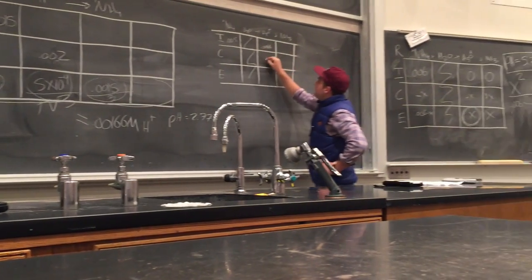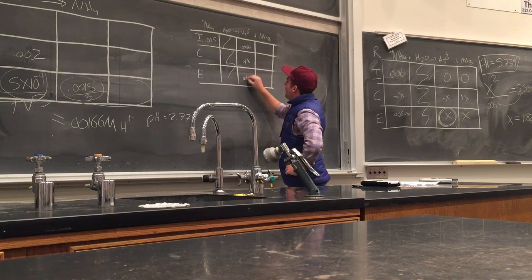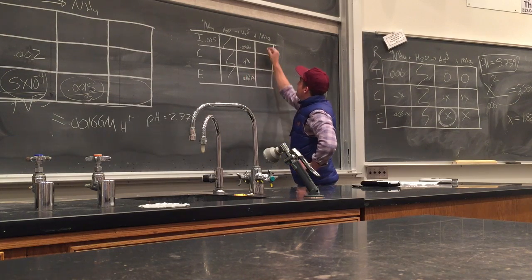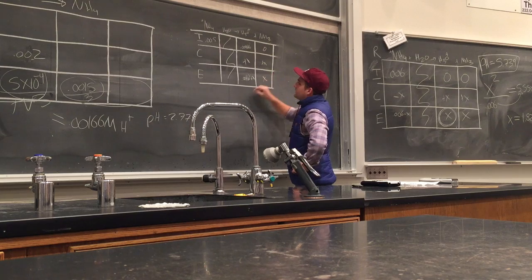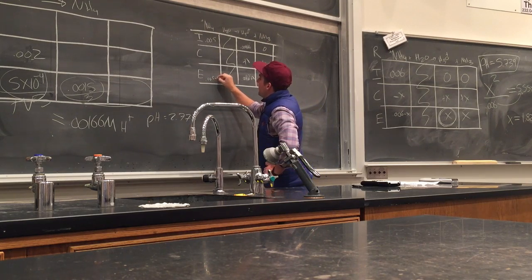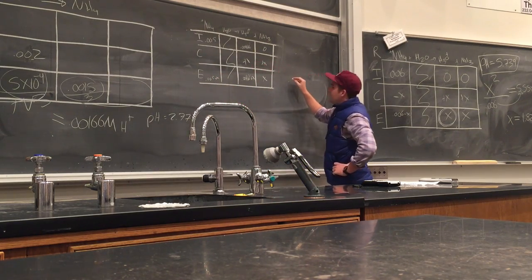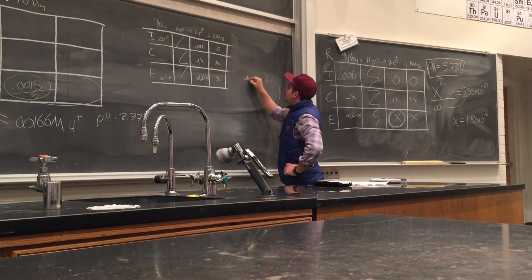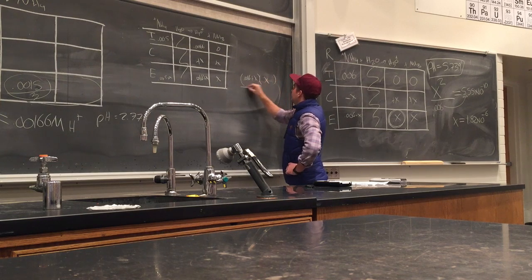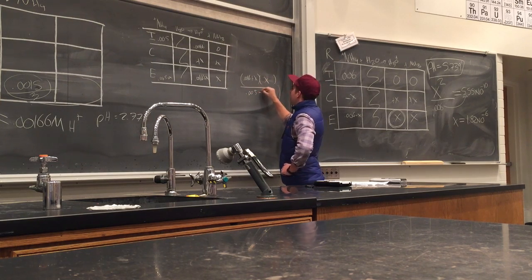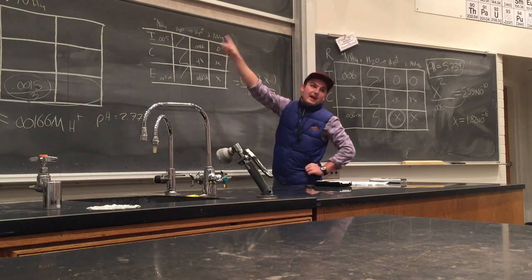And you're going to go, okay, plus X here: 0.00166 plus X, 0 plus X, X, 0.005 minus X. So in my expression, I get 0.00166 plus X times X divided by 0.005 minus X is all equal to the Ka of that.